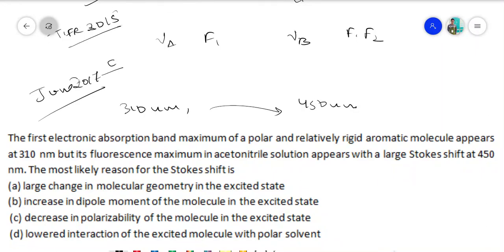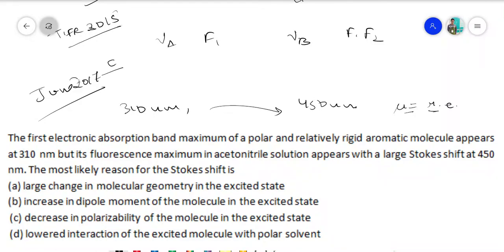Why is that? Large change in molecular geometry in the excited state, there is not a very large change in the molecular geometry. Increased dipole moment of the molecule in the excited state, that's possible because the dipole moment depends on the charge separation and the distance between the atoms. So a slight change in this can cause a big change in dipole moment.